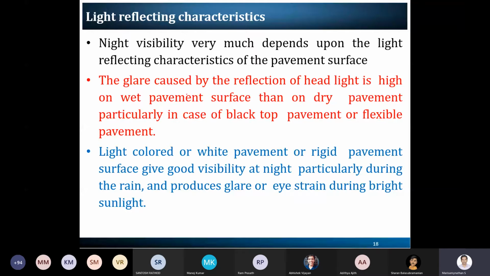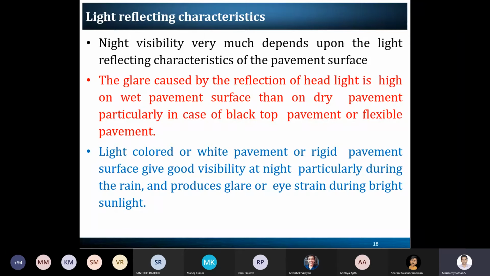And the night reflecting characteristic, it is a straightforward term. How the visibility is at night time, even during rainy time when a water surface will be there, how the reflections are happening, and in foggy time, how the reflections are happening. So good visibility should be provided, whether it is a rigid or flexible pavement.